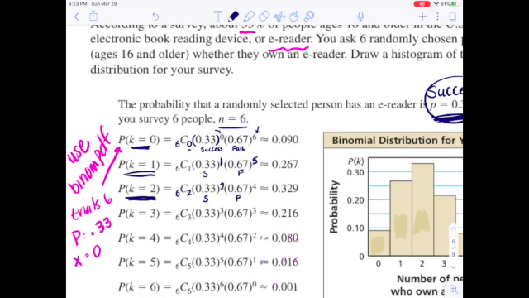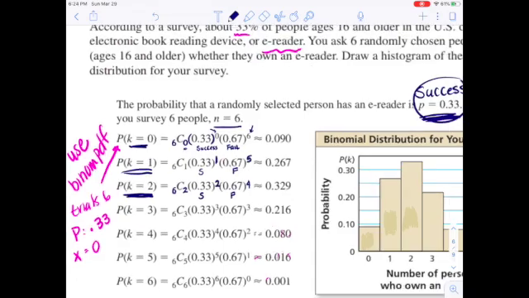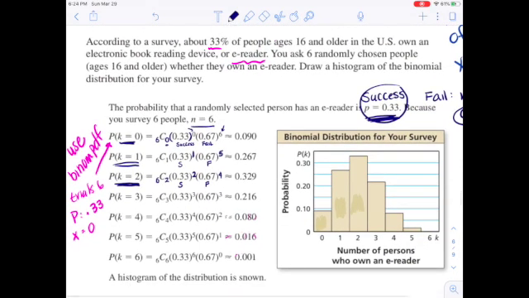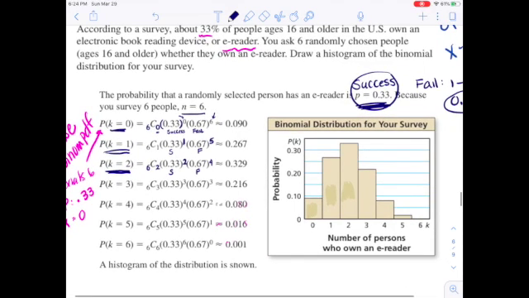So here's your success probability, and your failure. You have 2 people being successful and 4 people not being successful. Those are exponents, and you continue this. And yeah, it does take a long time. I apologize, it's not one of your favorite things to be doing.